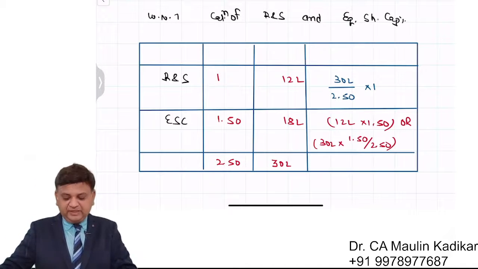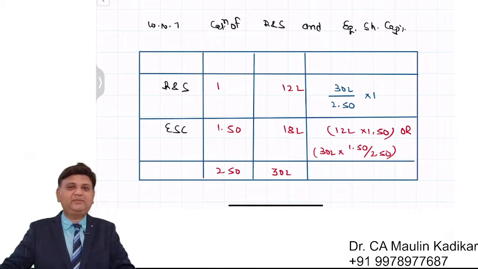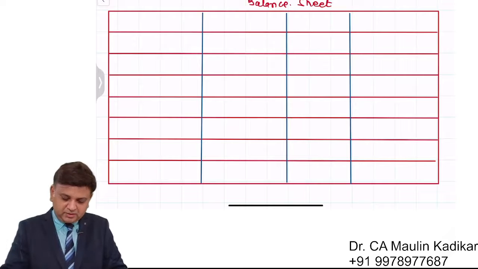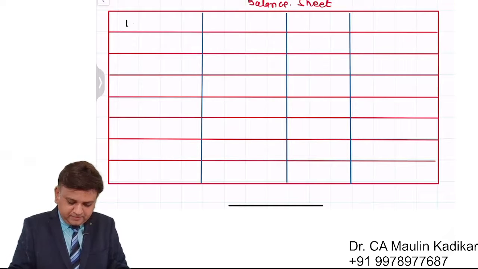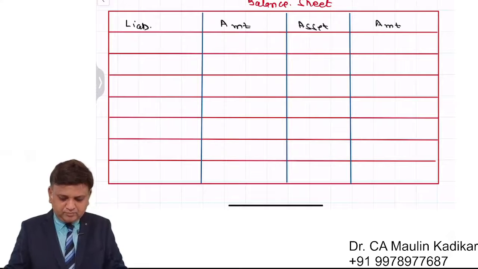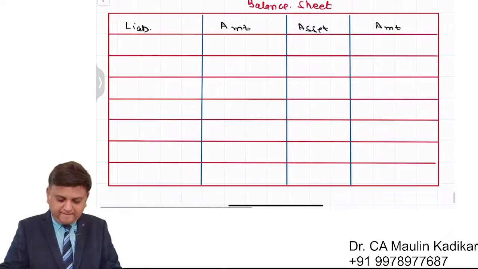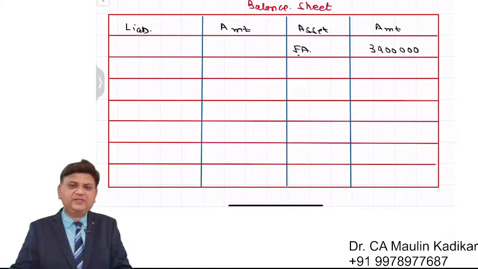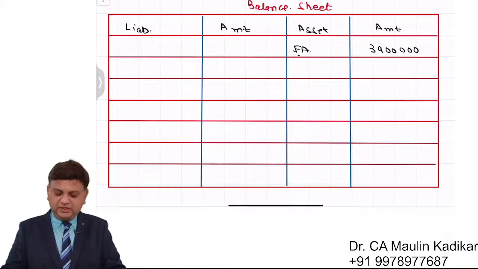Try to complete the remaining working on your own, and based on that the balance sheet. Before I proceed further, let us put all the values that we have calculated so far in this balance sheet. First of all, fixed asset. It is an amount of 39 lakhs. As far as the investments are concerned, it is not there.